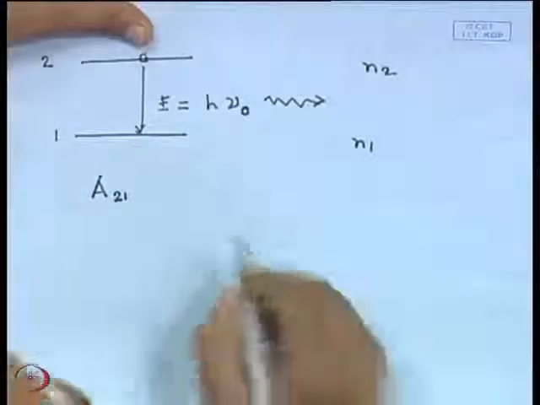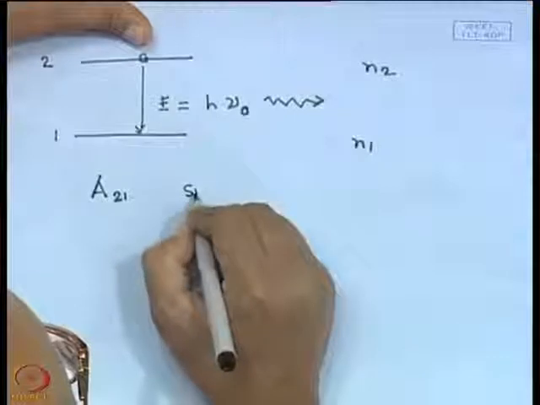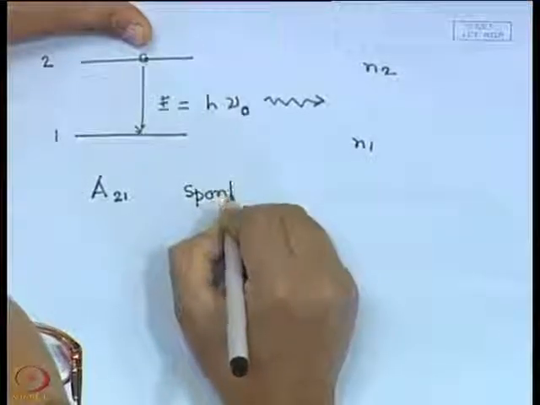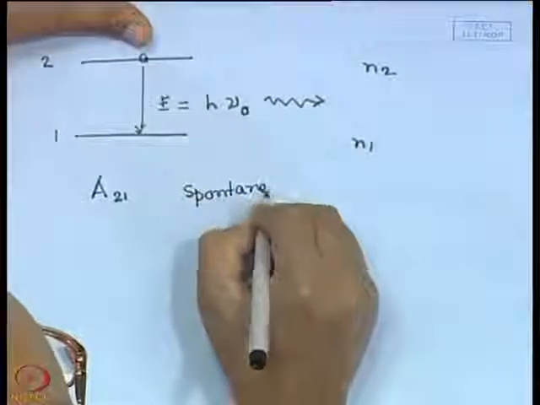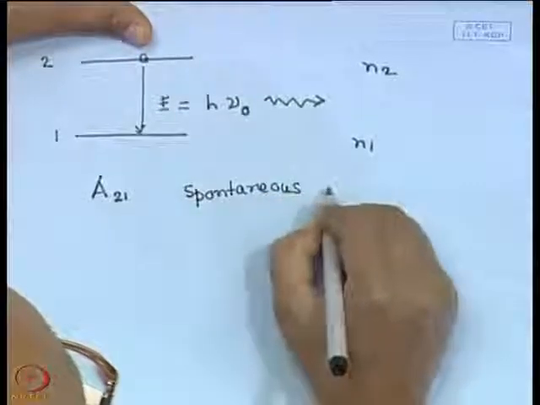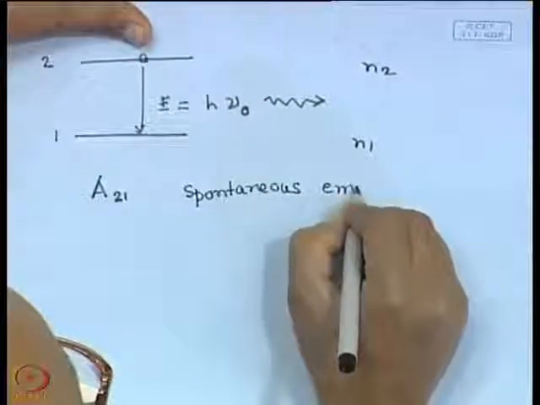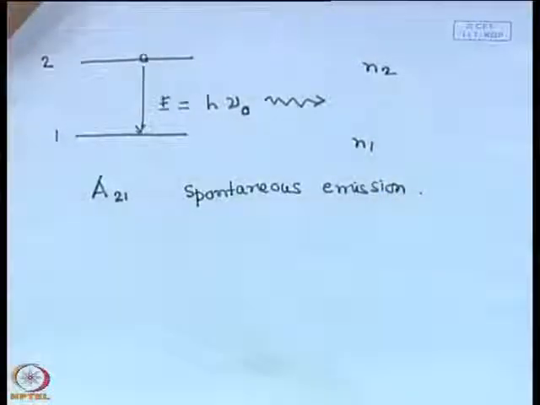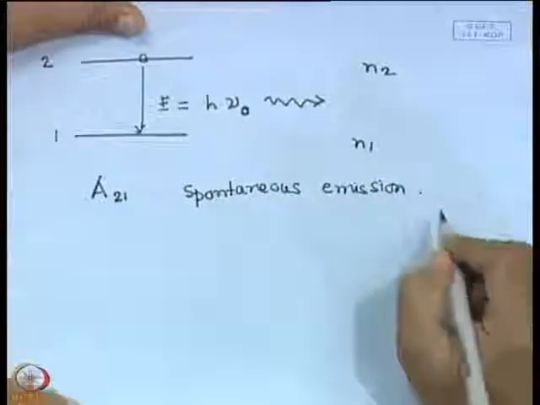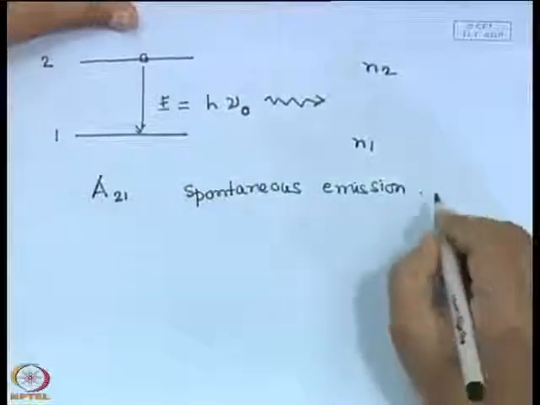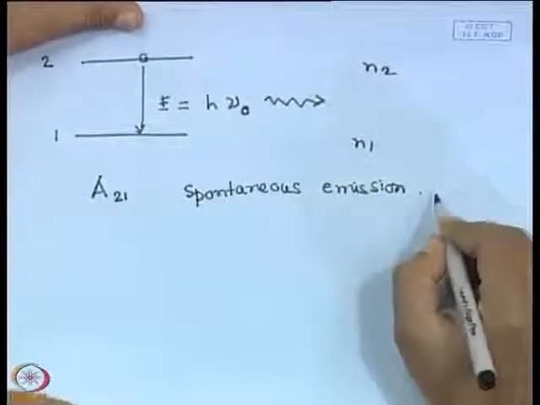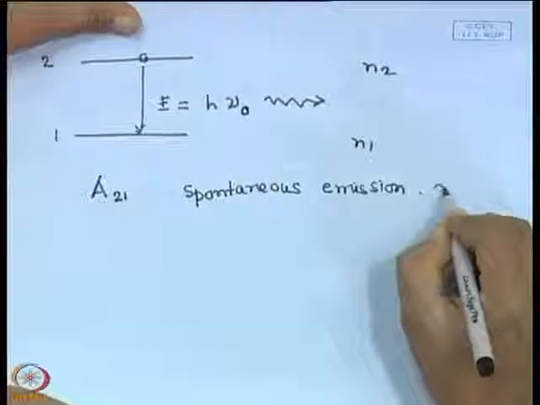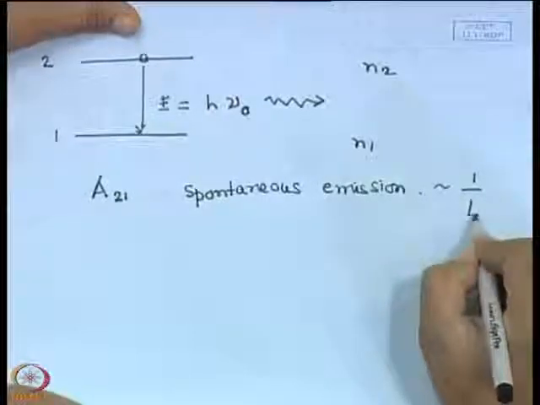This is the rate of spontaneous emission. It has dimension of 1 by time, and it is of the order of 1 by the lifetime of the excited state.